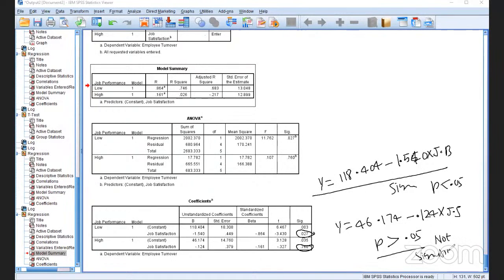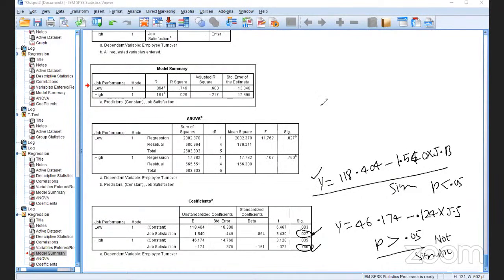So the moderating effect is telling us that low job performers quit their jobs. Through the p value, we can say the low job performers leave the job, not the high job performers.